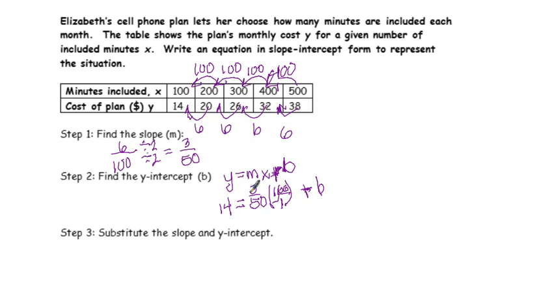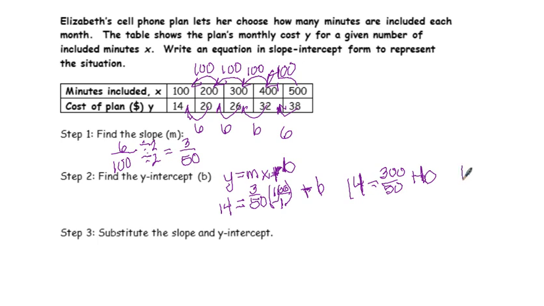So 100 times 3 is going to be 300, so we're going to have 14 equals 300 over 50, and then we'll write plus b. We can reduce 300 over 50. All right, how many times does even 5 go into 30? And so we would get 60.